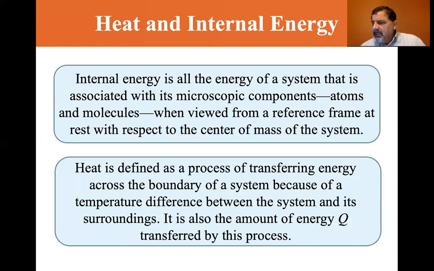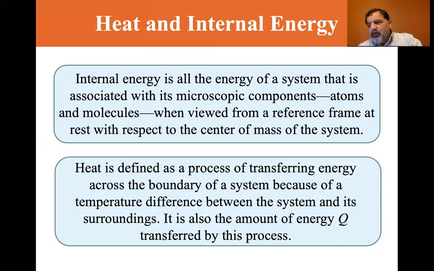Way back in chapter 8, there's equation 8.2, delta K plus delta U plus delta E internal, which is the change in kinetic energy, change in potential energy, and change in internal energy, equals the work done, W, Q, the heat transferred to the system, and then a bunch of T's.